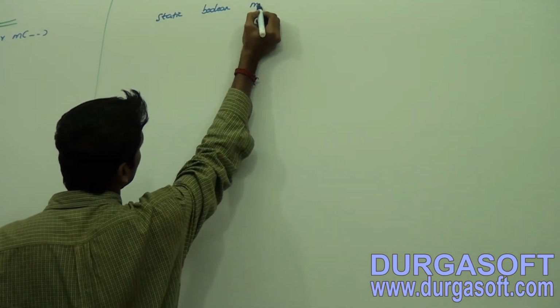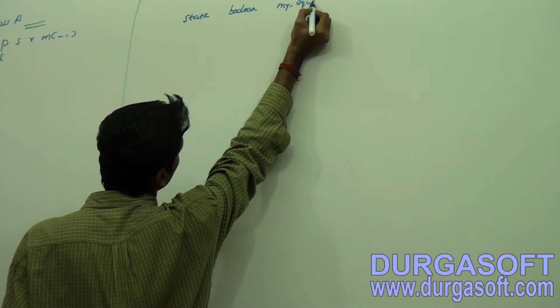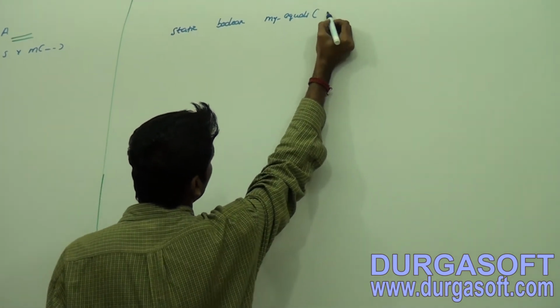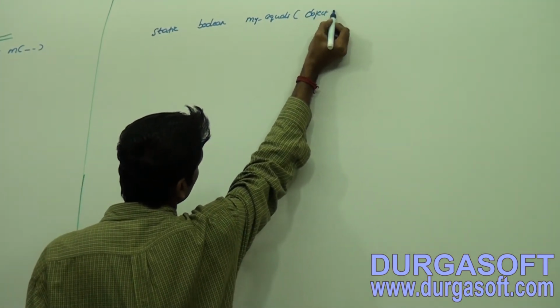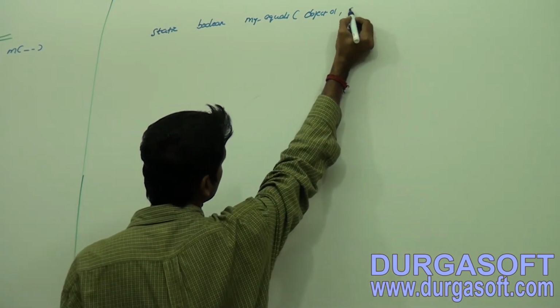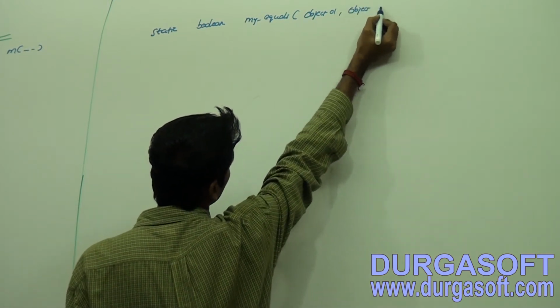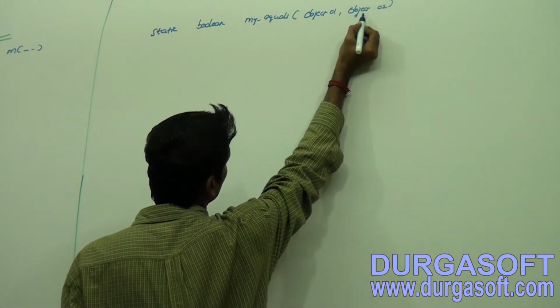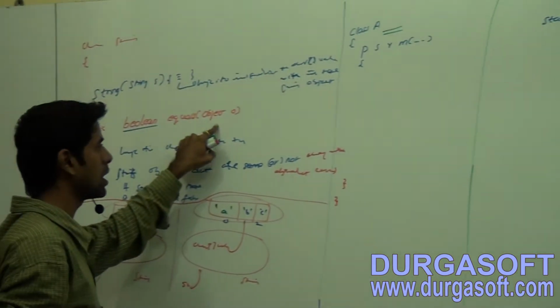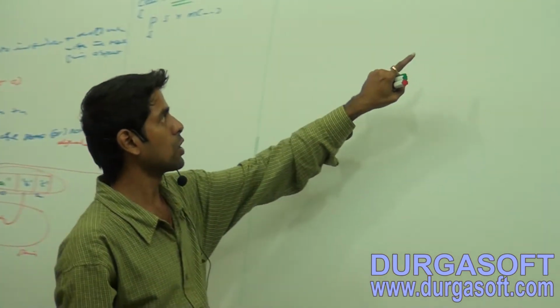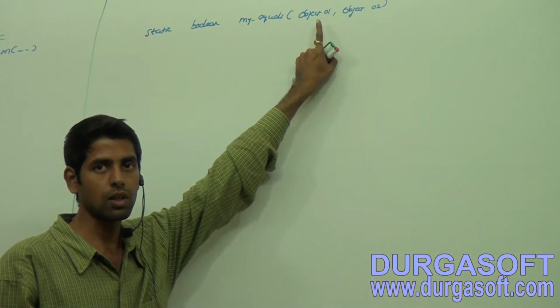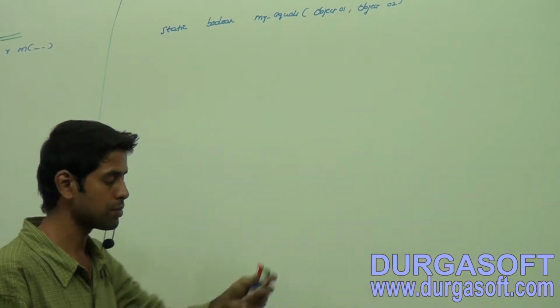Let it be my equals. The first argument type is Object and the second argument type is Object, since here we are having objects, so that's why I have taken the argument type as Object only.